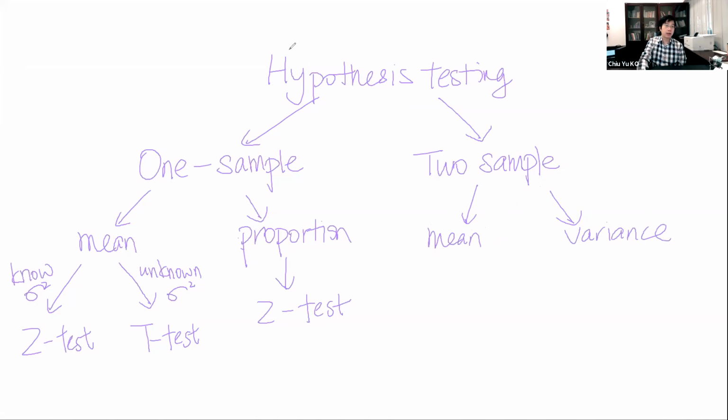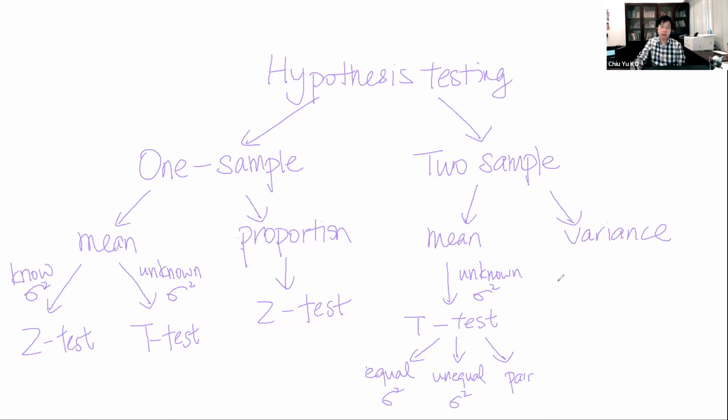We focus on the case where we have unknown sigma square, so we always focus on t-test here. There are three different t-tests we focus on: equal sigma square, unequal sigma square, and the paired t-test. And for the variance, you have f-test, okay?